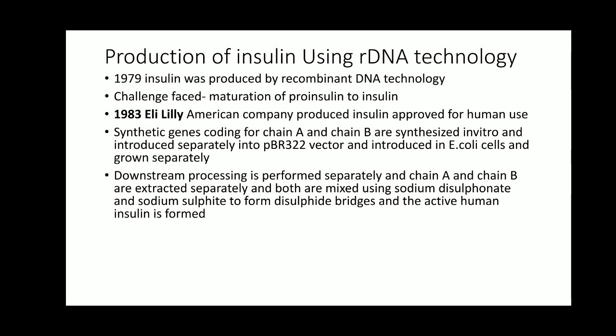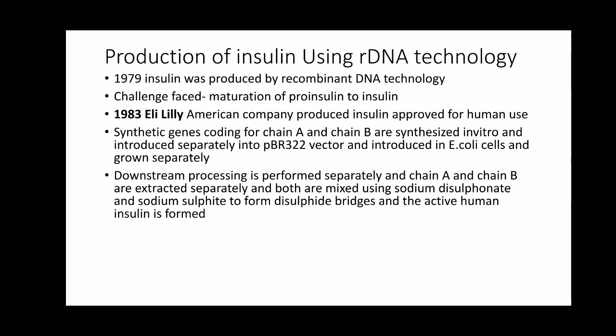The gene coding for chain A is linked to the vector pBR322, and the genes coding for chain B are introduced into another set of pBR322 vectors separately. These are introduced into E. coli cells separately, not into the same E. coli cell: chain A in one set of E. coli cells, and chain B in different E. coli cells carrying the vector pBR322.